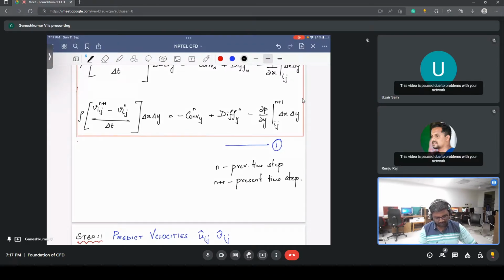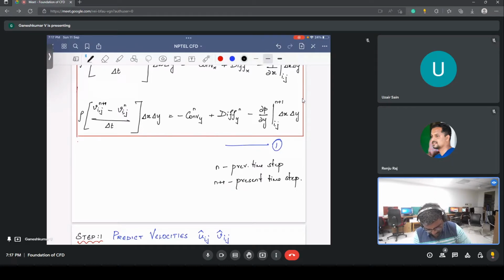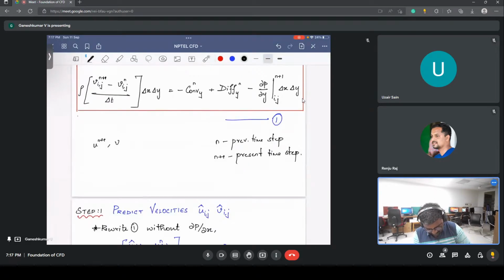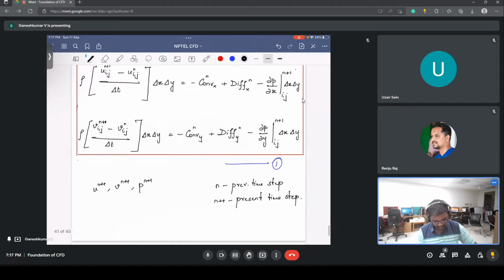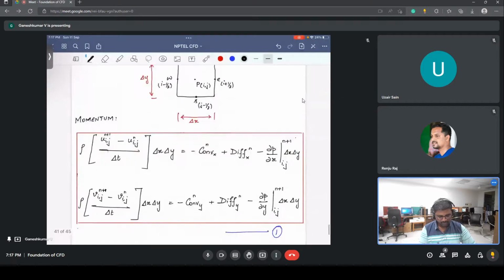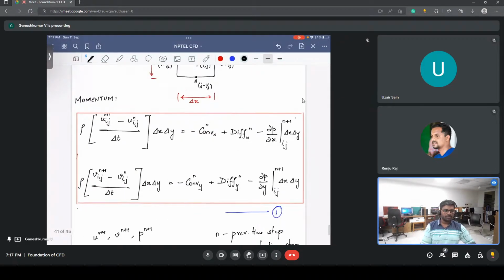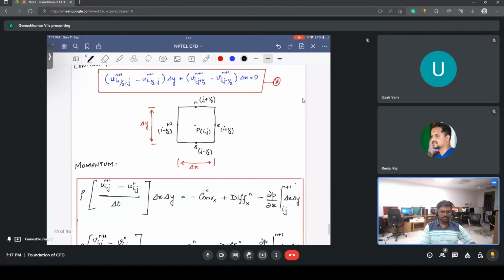So our aim is to find u at n plus 1, v at n plus 1 and p at n plus 1. But we have two equations, I mean three equations, two momentum and one continuity for a 2D flow. If you have a 3D flow, you are going to have three momentum and one continuity, four equations.